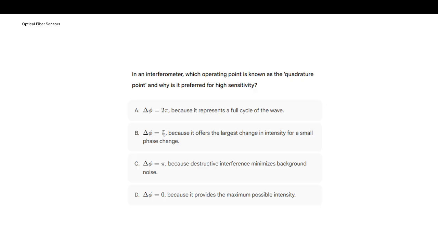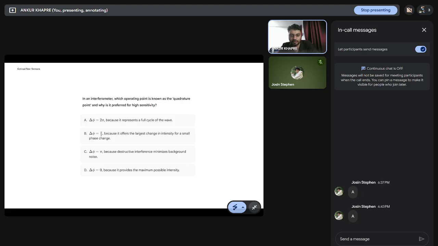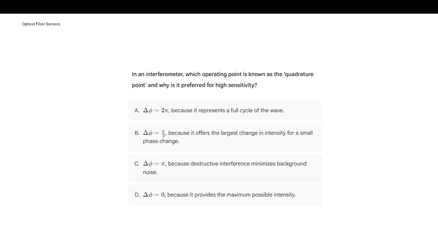The next question: very good, you have given the nice, correct answer. So the next question is, in an interferometer, which operating point is known as the quadrature point, and why is it preferred for high sensitivity?